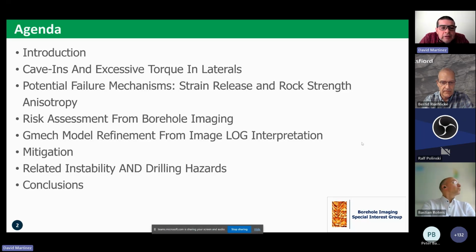Of course, the reason I'm proposing these mechanisms is because they fit the characteristics that I'm going to be listing for those two. After that, we will move on to the interesting part, which is how borehole imaging can be used to de-risk the formations or the trajectory that we're going to take to drill that well.